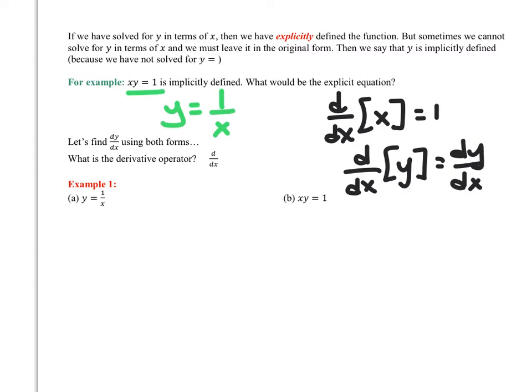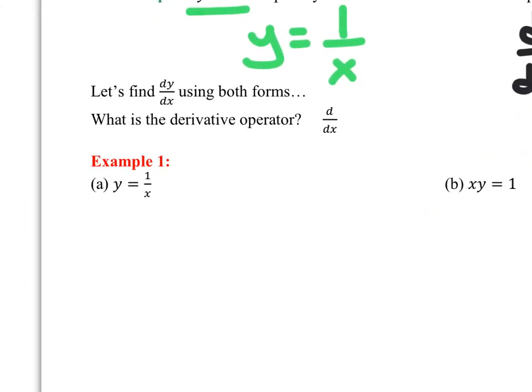So we have not been able to explicitly determine it like we could here. We came up with the slope of that curve at any point is 1, but we don't know the slope of this curve because we don't have it defined in terms of x. So let's go ahead and do a little implicit differentiation on both of these.